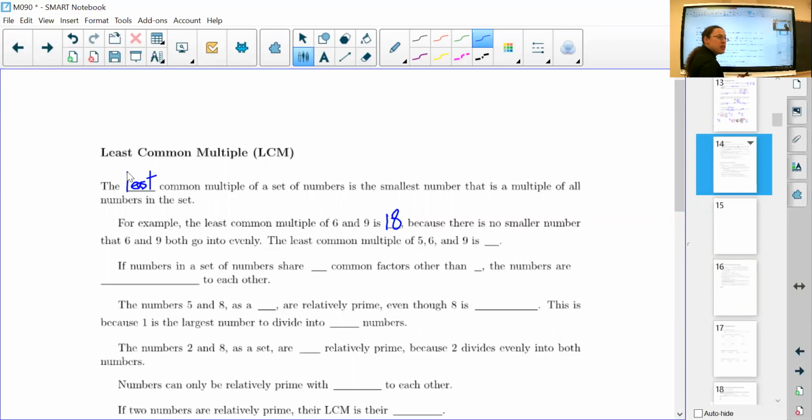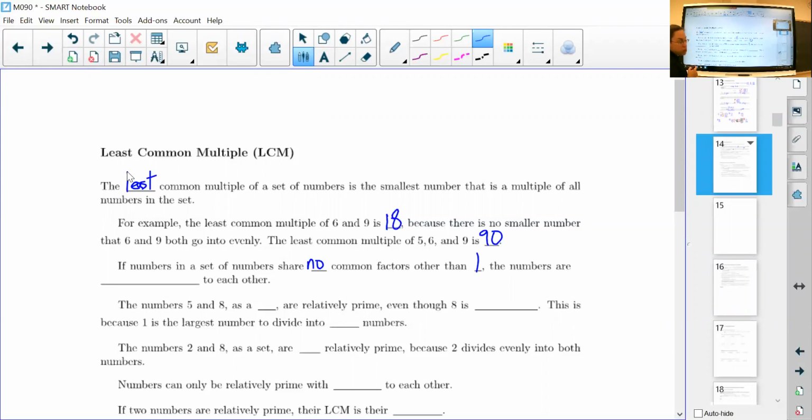Well, no, but it almost does. 3 goes in at least. So we'll bump that up by 3, we get 90. 90 is the smallest number that 5, 6, and 9 all go into. Smallest positive number.